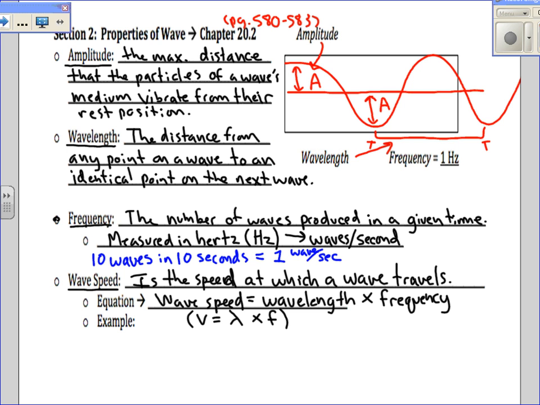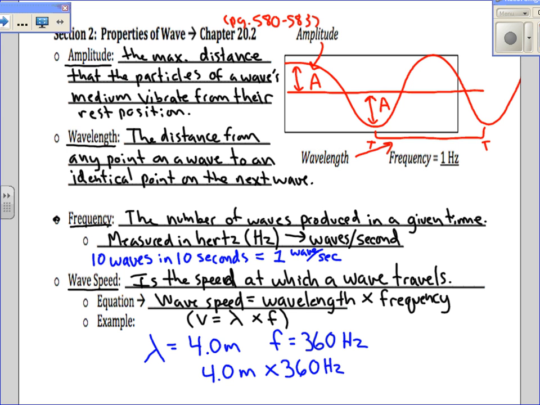An example of this: the wavelength is going to equal 4 meters, because wavelength is in meters, and the frequency is going to equal 360 hertz. If we multiply 4.0 meters times 360 hertz, or waves per second, we get a velocity of 1,440 meters per second.